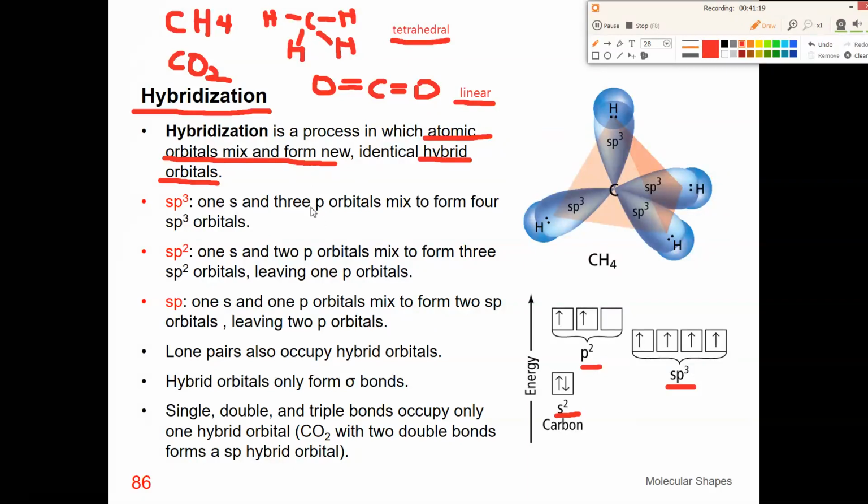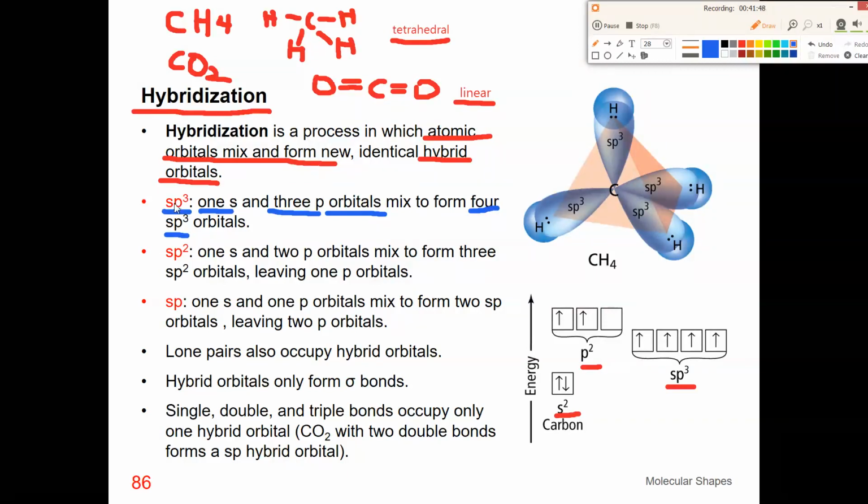The purpose is to lower the overall energy of the system. So we could have three possibilities. One is called sp3. This number is not about the number of electrons, it's about the number of orbitals. So one s orbital and three p orbitals mixed together form four sp3 orbitals.